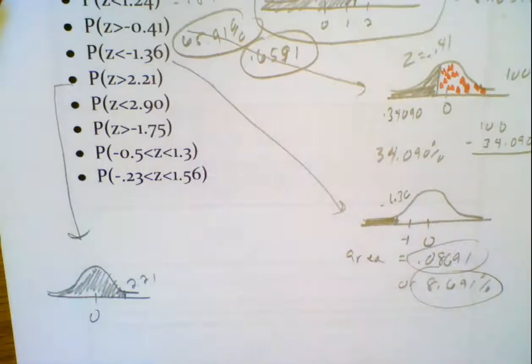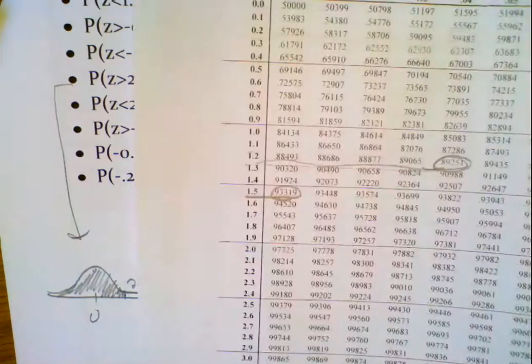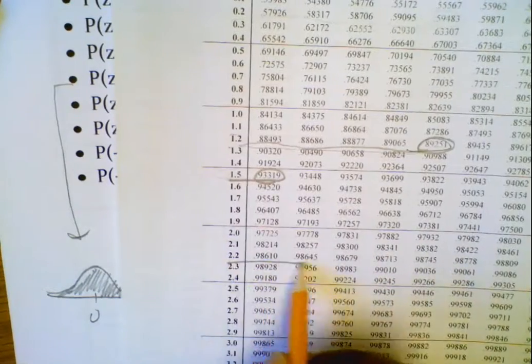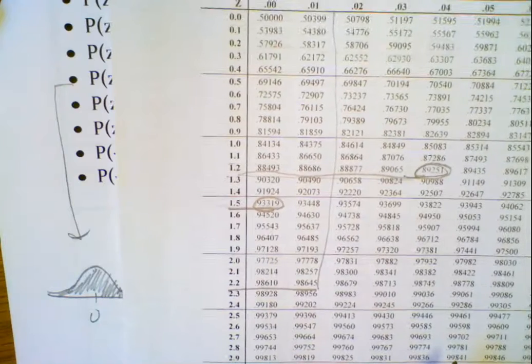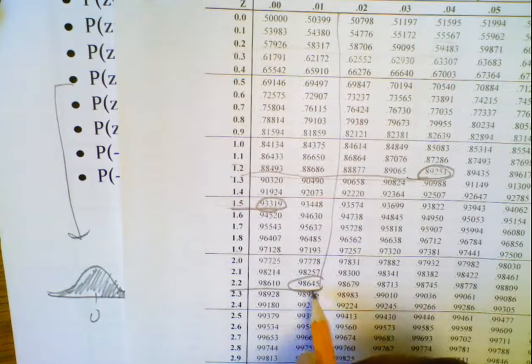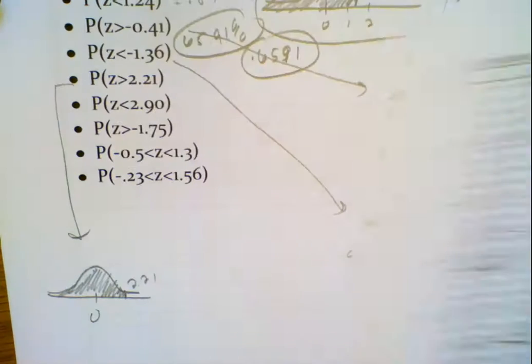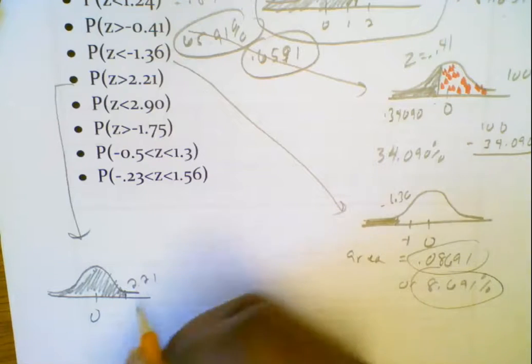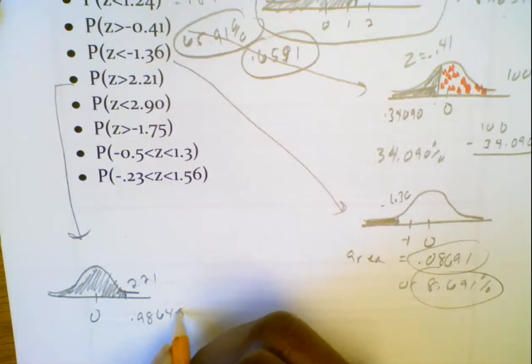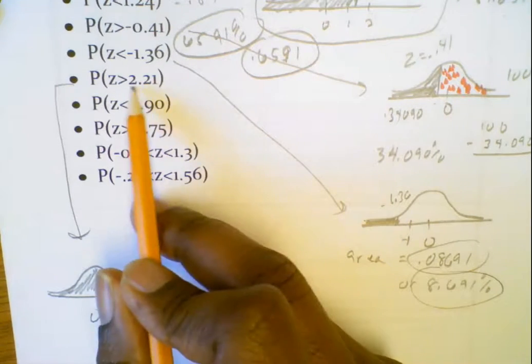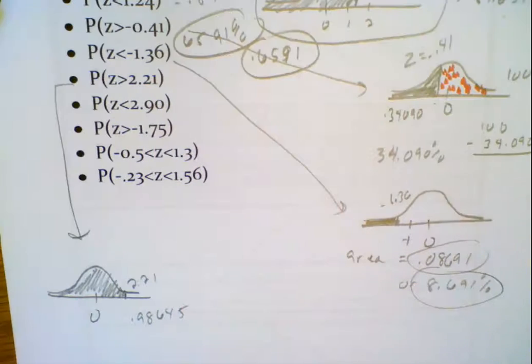So for that to be my z-score, I should go 2.2 and then line up with the 1. And that gives me this, 0.98645. So this probability is 0.98645. Now it says z being greater than that. So you want the right side of it.